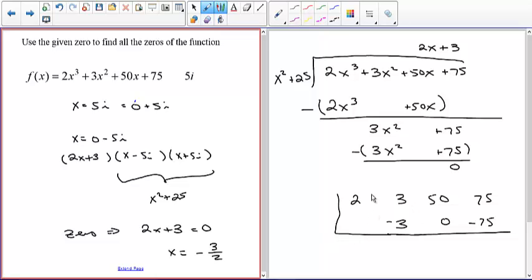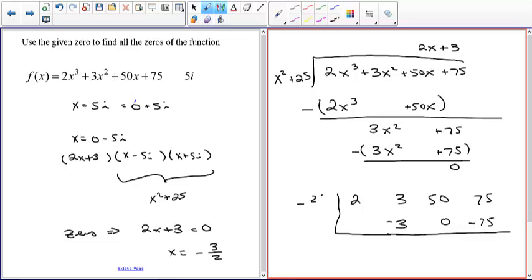Now, I can do the same thing over here. Actually, this is to confirm that this is the 0. So if I take the original polynomial and divide by x, so the factor is actually x plus 3/2 equals 0. What'll happen is you bring this down. 2 times negative 3/2 is negative 3. 3 plus negative 3 is 0.